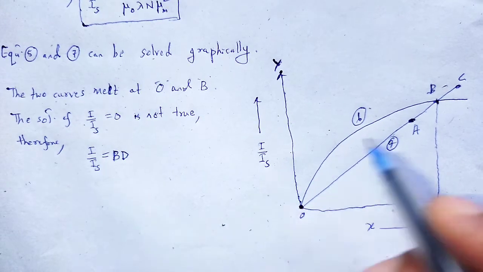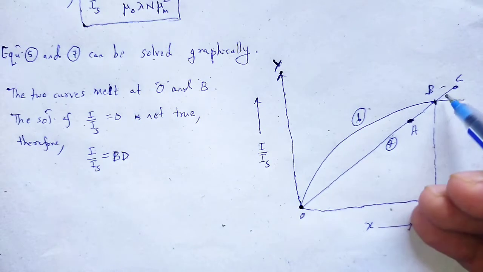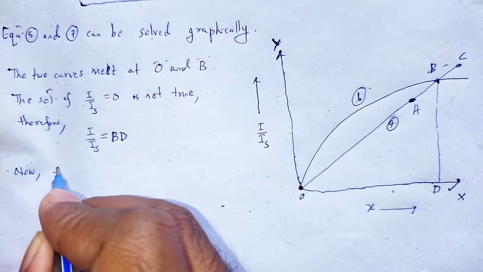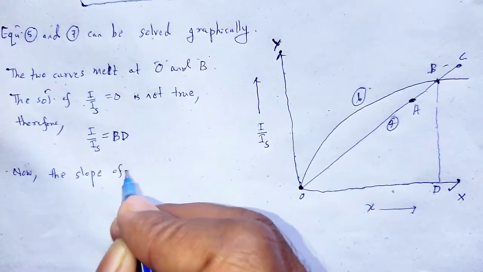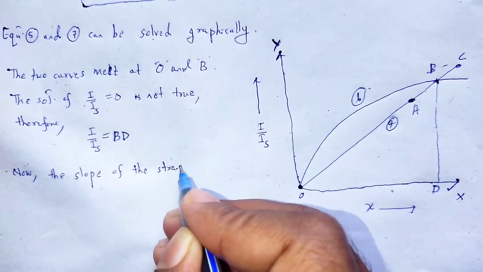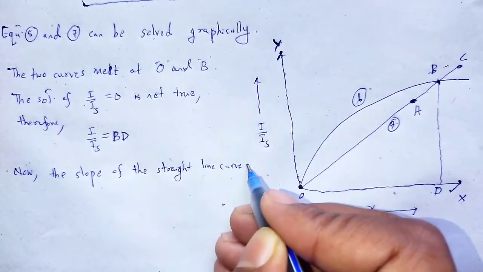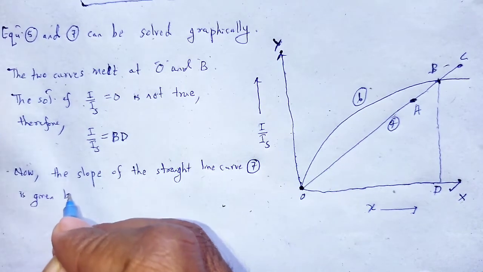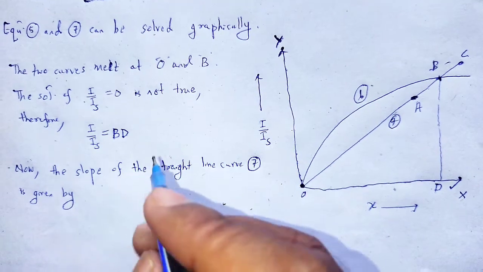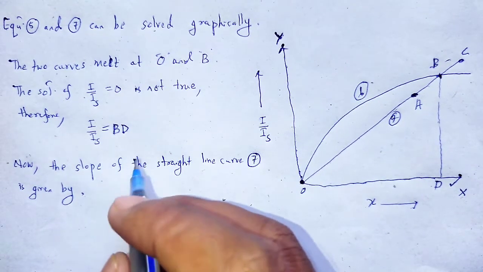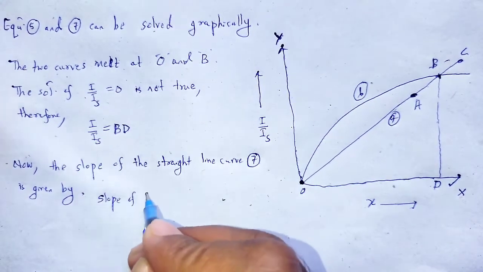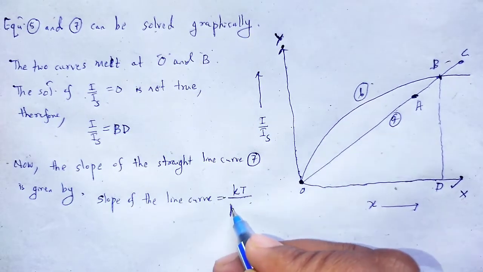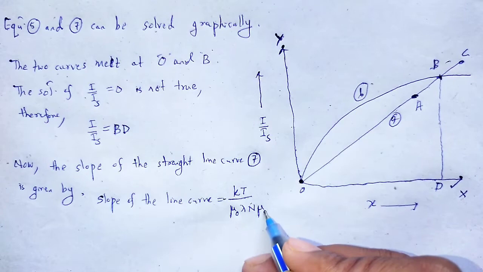Now, the slope of the straight line curve 7 is given by kT divided by mu naught lambda n mu m square.